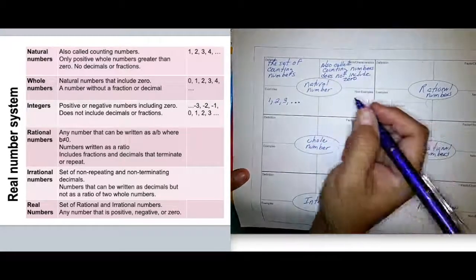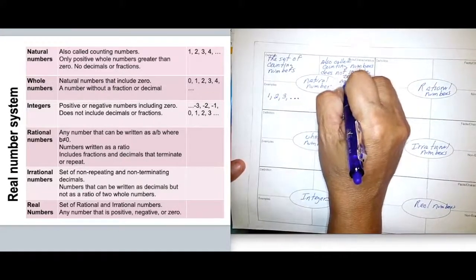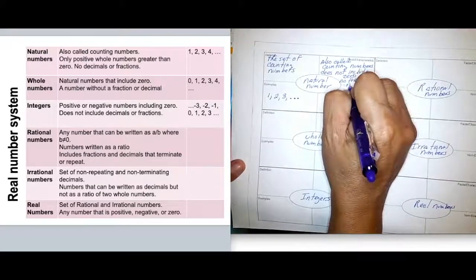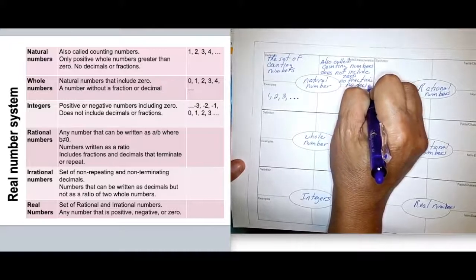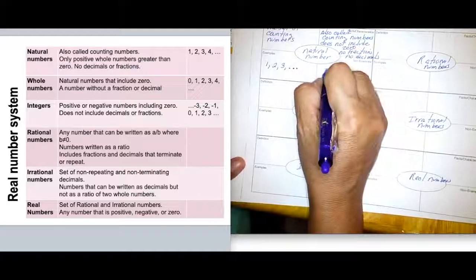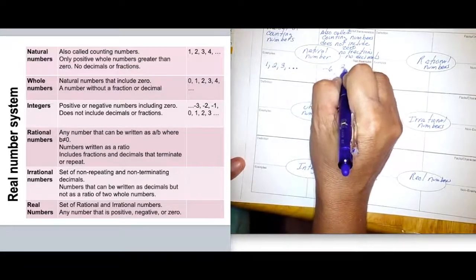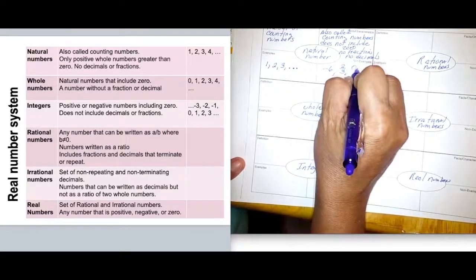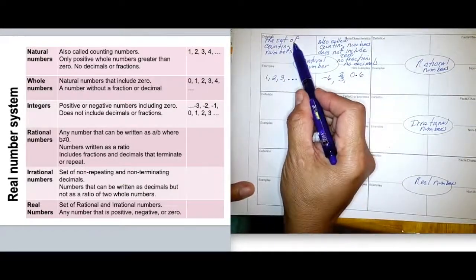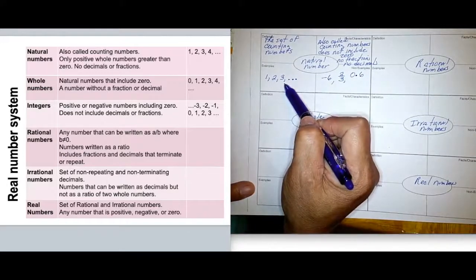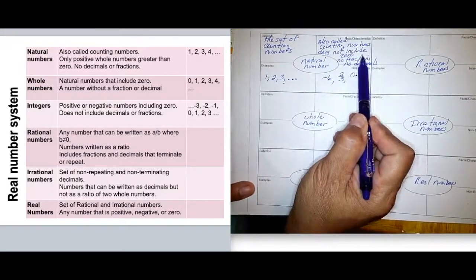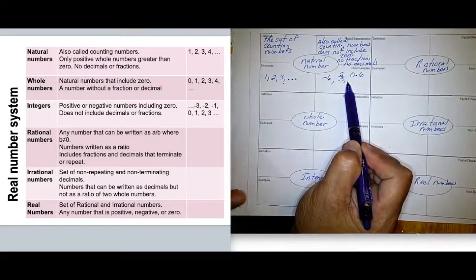There are no fractions and no decimals. Okay, so non-examples would be a negative, a fraction, a decimal, a percent, so any one of these. So we wrote our definition, we wrote some examples. On the upper right, we wrote some important facts and then some non-examples.